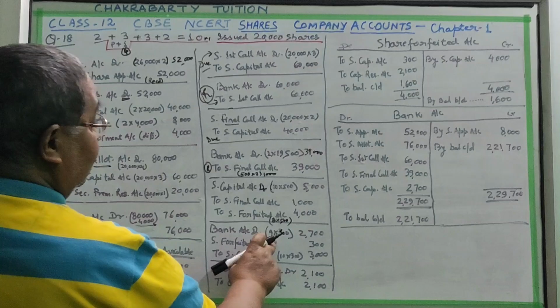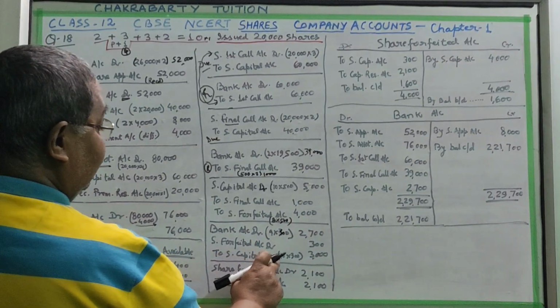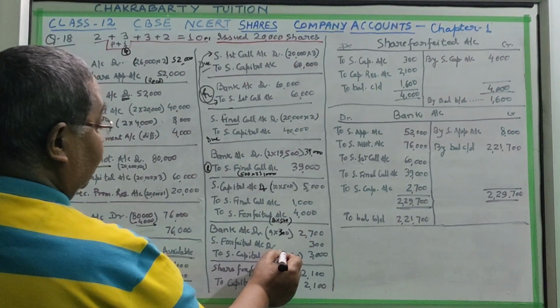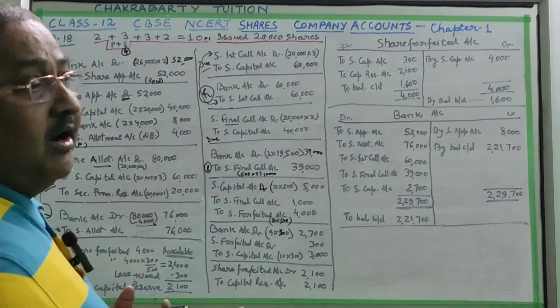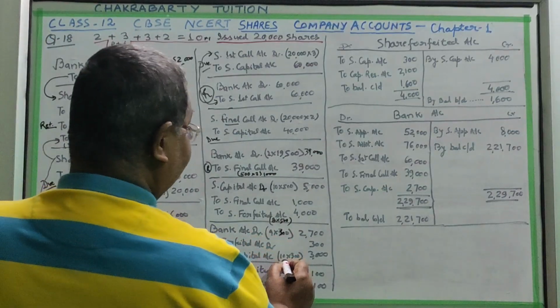So bank 9 rupees. So 9 into 300 we have received this much. Share capital we will debit with 10 into 300. Why 10? Because we are issuing the full value of the shares, fully paid up. That's why the paid up value always comes here.